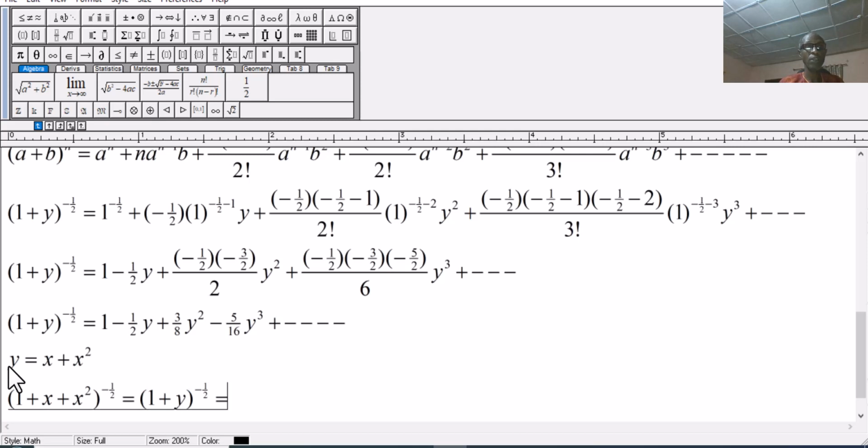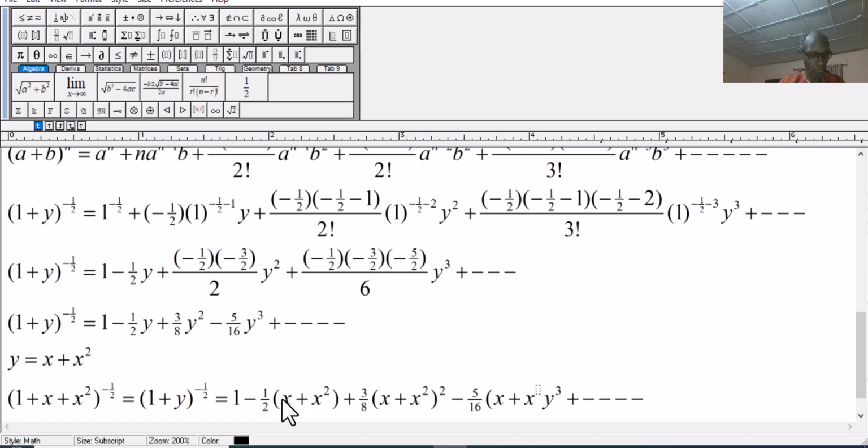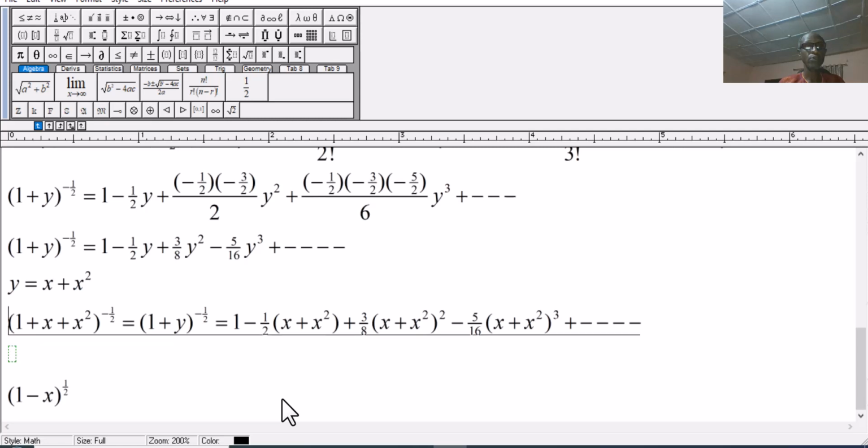So remember anywhere we see y in this expansion, we are going to replace it with x plus x squared. So I'm just going to copy this and drag it in. I'm going to change this to x plus x squared, and this to x plus x squared, and then this to x plus x squared raised to the power of 3. So let's quickly expand that, then we move forward.